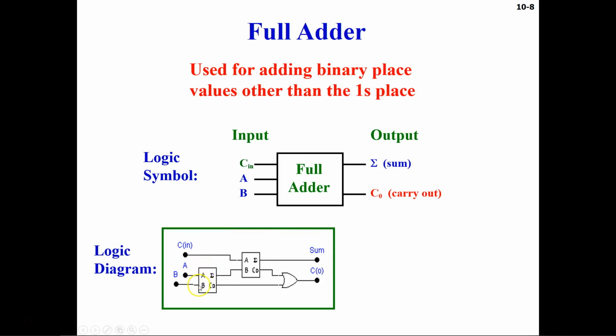If you notice the block diagram, let's see first this one. This has A and B input, and this is the sum going into the next half adder, and this is the carry out which is going directly to the OR gate.